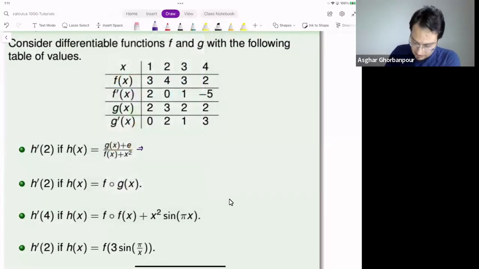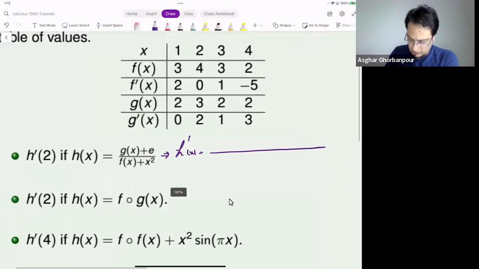For example, the first one, h prime at x, this is the quotient rule. So I will make it a little bit larger. I will need the derivative of the numerator, g(x) plus e. The derivative of g(x) is g prime x.